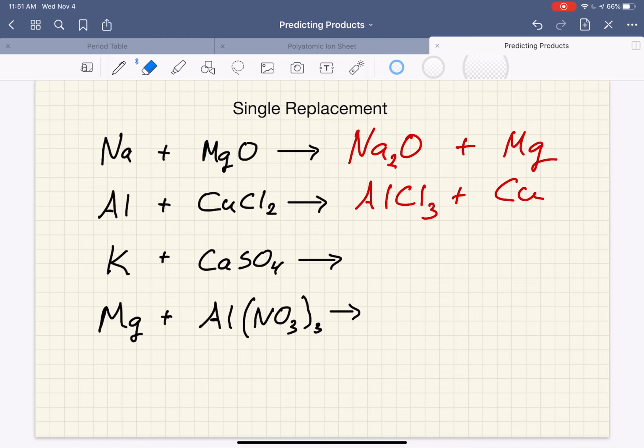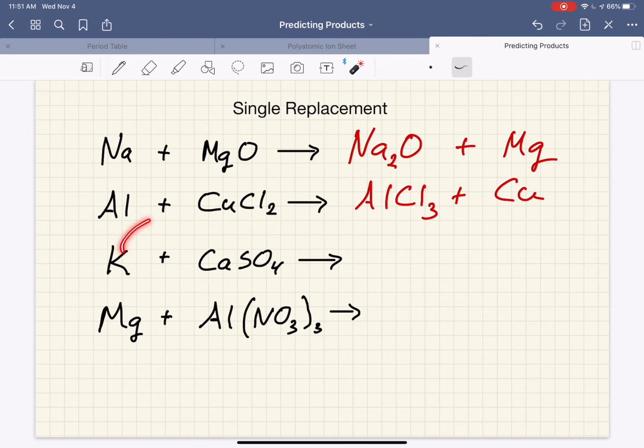A very common concern that students have when doing these is that we start with 2 chlorines on this side and we end with 3 chlorines on this side. How is that possible? Now I want to say 2 things. First of all, yes, it is possible. Second, we are going to be dealing with that next unit to explain how and why this occurs. Right now, you just need to remember that you must use the charges to come up with this chemical formula.